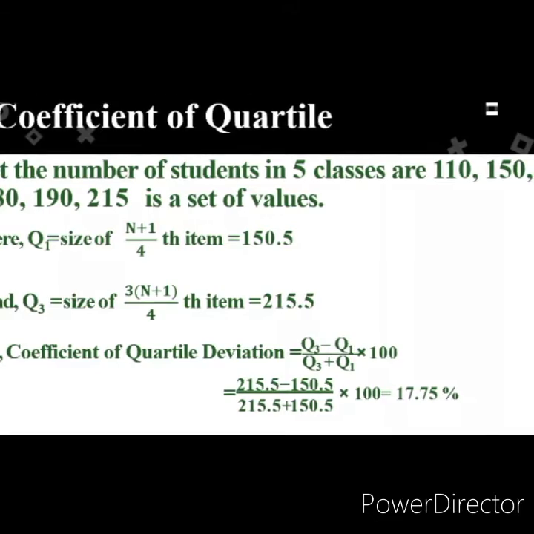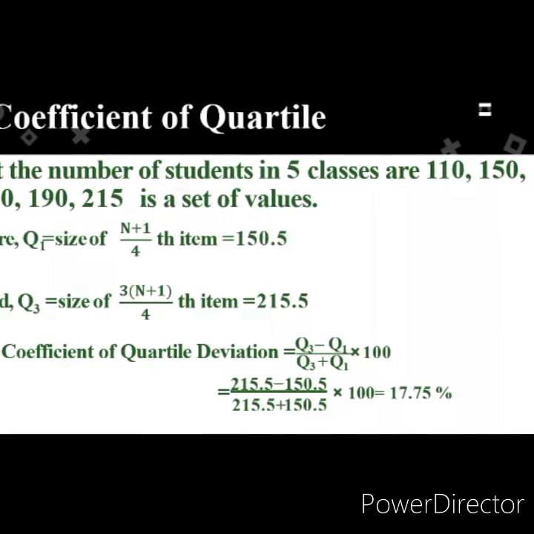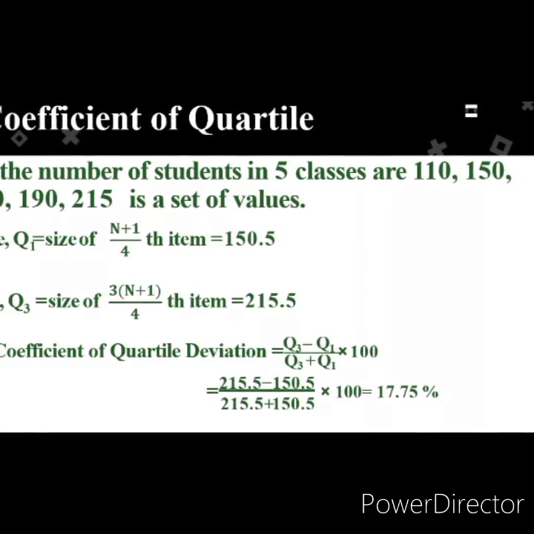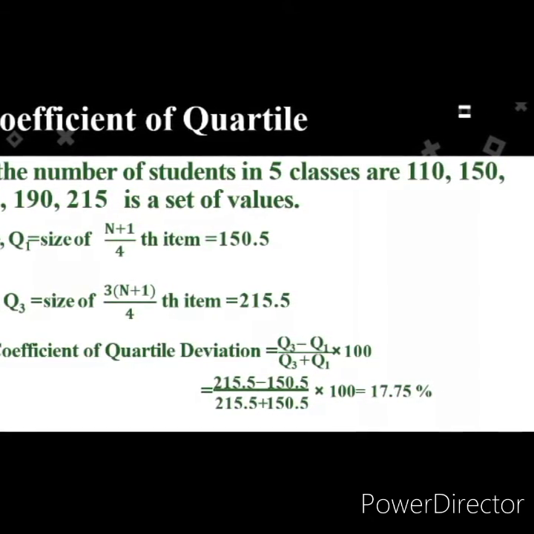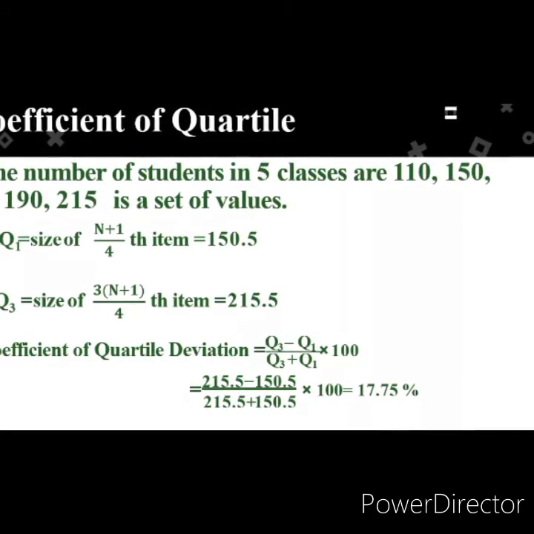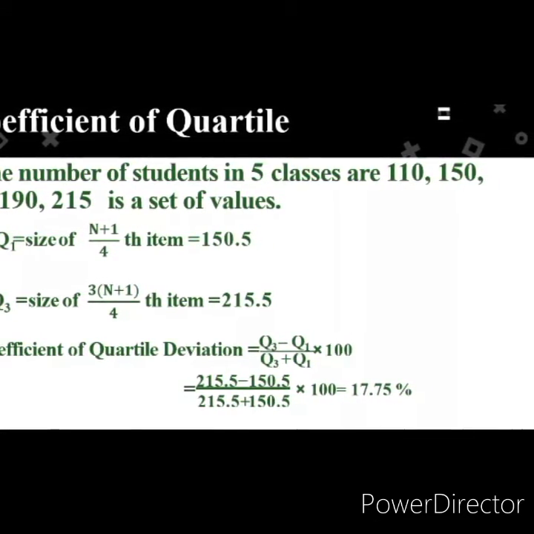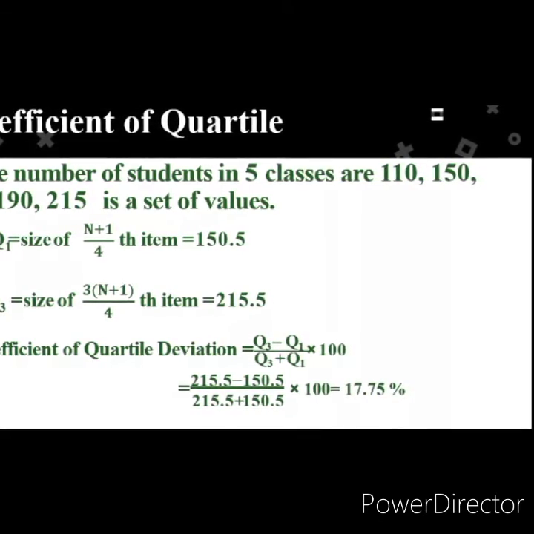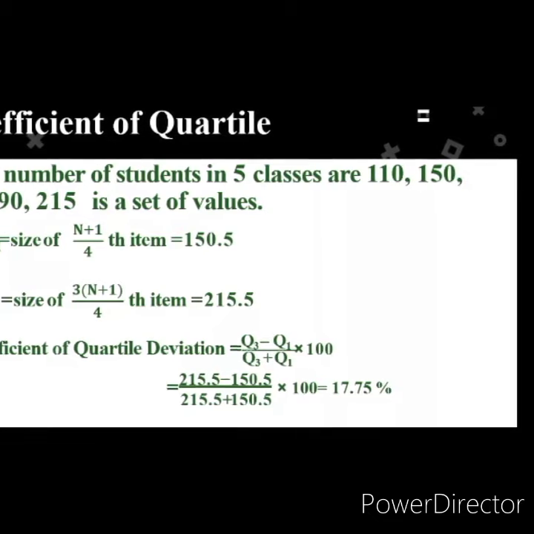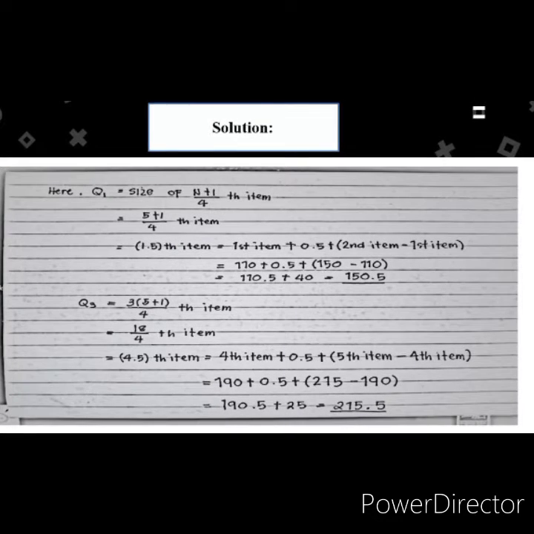So the coefficient of quartile deviation, applying the formula, is 215.5 minus 150.5 over 215.5 plus 150.5, times 100, which equals 17.75%. So how did we come up with that answer?